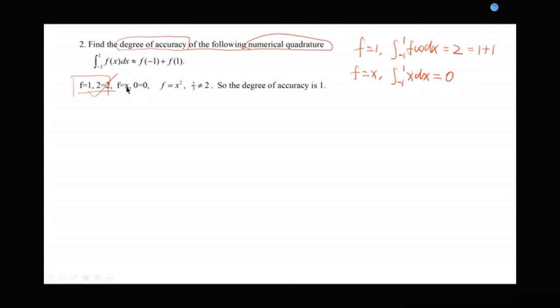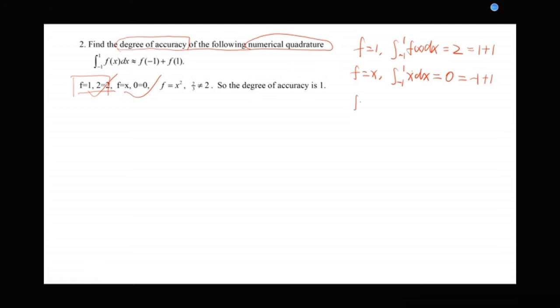When f equal to x, the function value at -1 is just -1, right? Plus the function value at 1, which is 1. The summation is 0. So this quadrature is also satisfied for f equal to x, right?